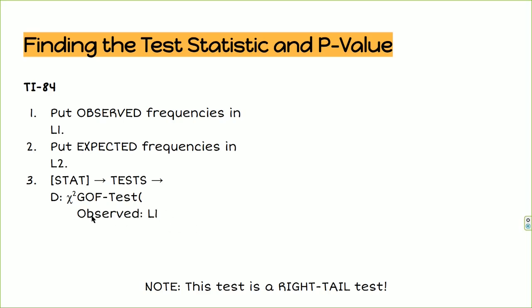It's going to ask you where the observed and the expected are, and it should default to L1 and L2. So if you always put observed in L1 and expected in L2, you should never need to modify this. You do need to feed it your degrees of freedom. So however many categories you had, minus 1, that's what goes here.